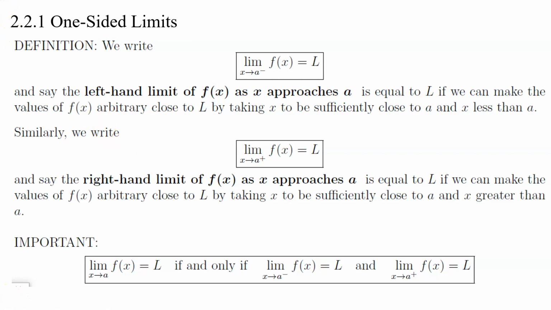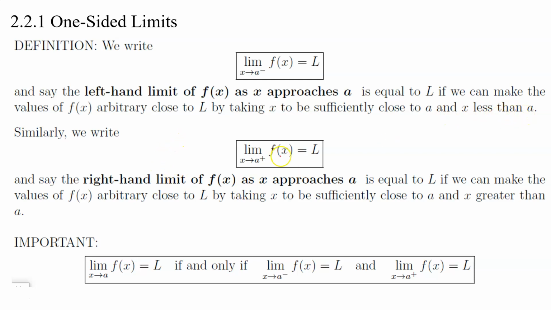Okay, let's move on to one-sided limits over here. We have one-sided limit, satu belah sahaja. Okay, so the definition: we write the limit of f(x) when x approaches a from the left equal to L, and say the left-hand limit of f(x) as x approaches a is equal to L. This is how we read it. It is equal to L if we can make the values of f(x) arbitrarily close to L by taking x sufficiently close to a and x less than a.